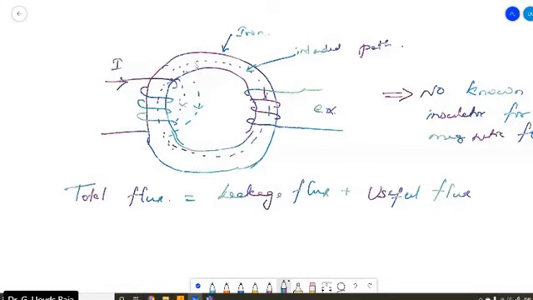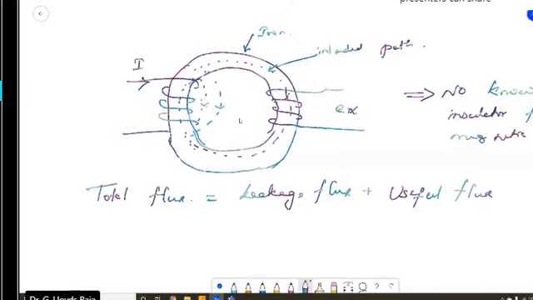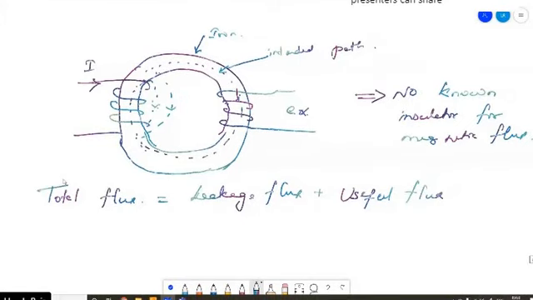So though it is possible to confine most of the flux in this iron rod, still some portion of it will be leaking in this way.